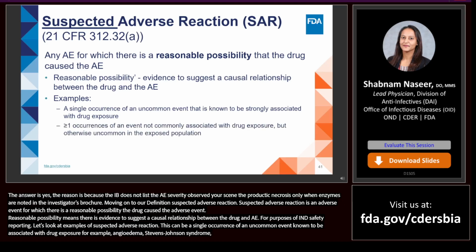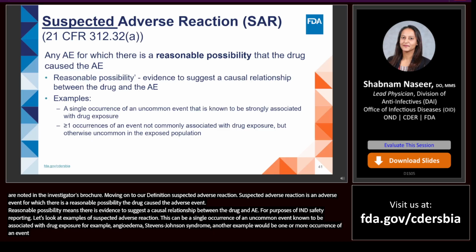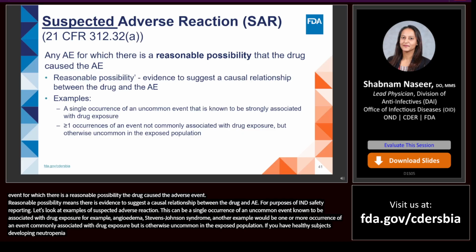Another example would be one or more occurrence of an event that's not commonly associated with drug exposure, but is otherwise uncommon in the exposed population. So if you have healthy subjects and they're developing neutropenia, that could be an example of this, or a heart valve lesion in a young adult, or tendon rupture is another example.